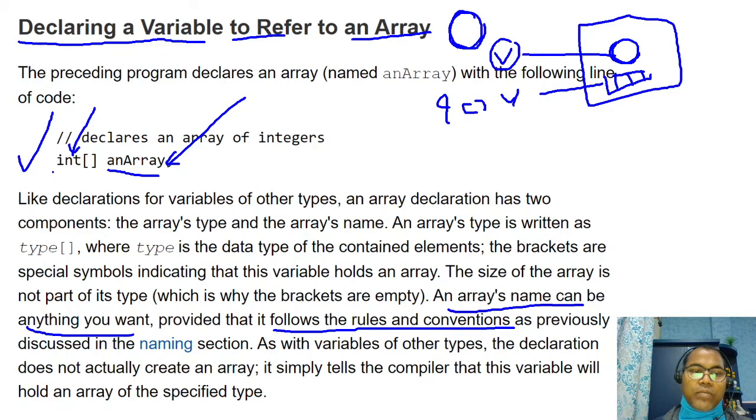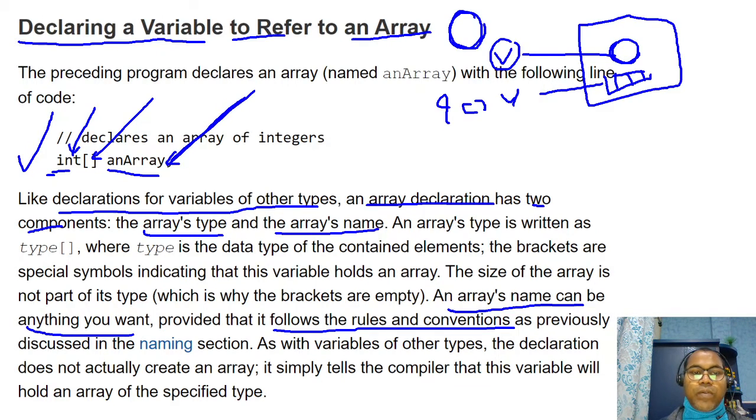That is your data type, and there is a special symbol that informs the compiler it's an array. So it looks like the declaration of variables of other types. The array declaration has two components: the array type and the array name.